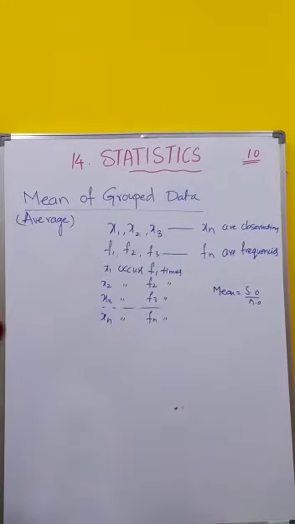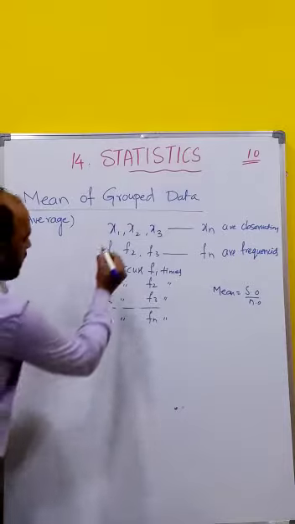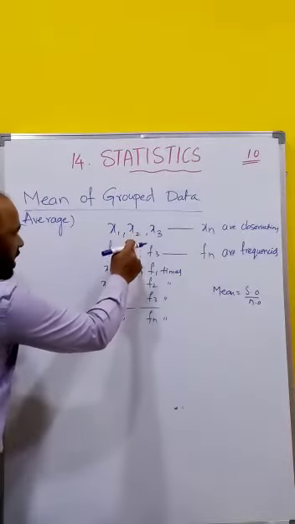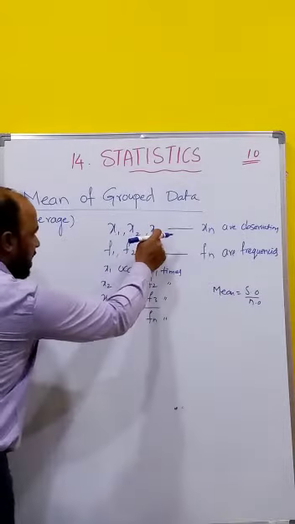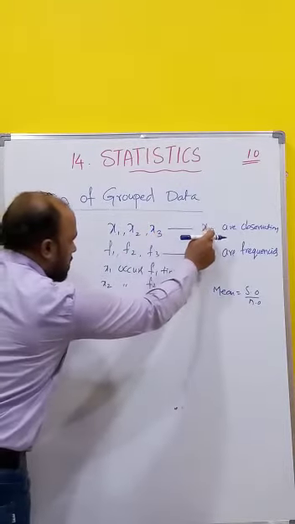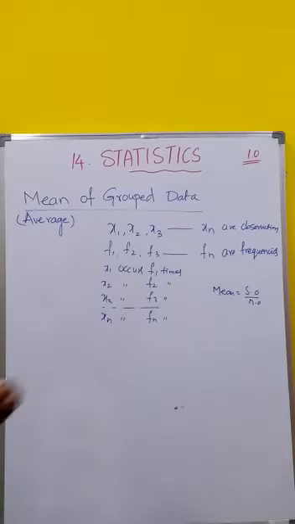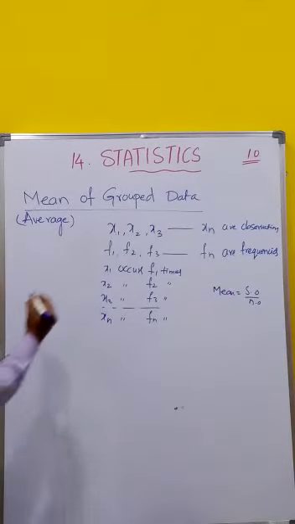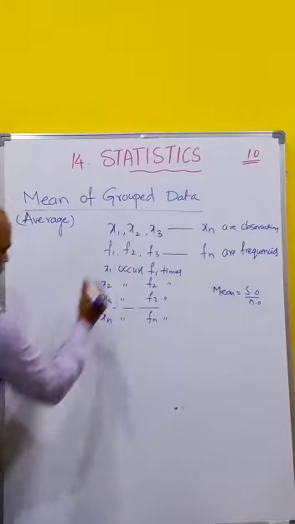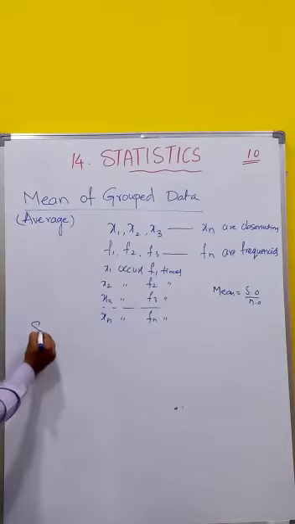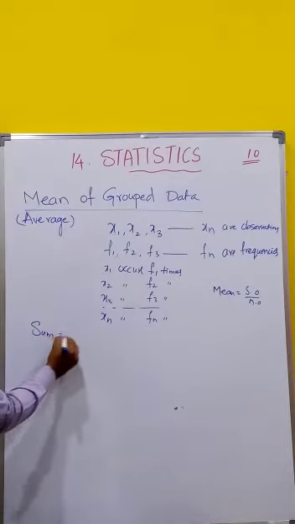Here, first, x1 is occurring f1 times, x2 is occurring f2 times, x3 is occurring f3 times, and so on, xn is occurring fn times. First we have to find the sum of all these terms, the sum of observations.